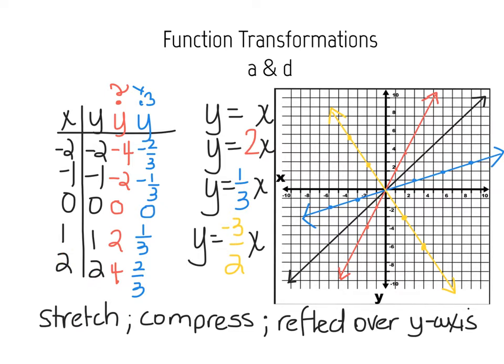Okay, let's do the last yellow graph. If I input a -2 into the x right here, I'm going to get a positive 3. So let's go ahead and check that one. If I plug in a negative 2, I should get a positive 3, and that's exactly what happens on this particular line.